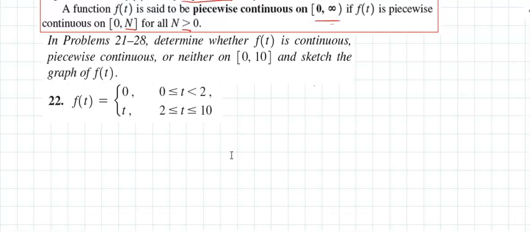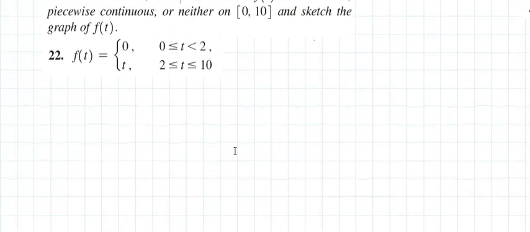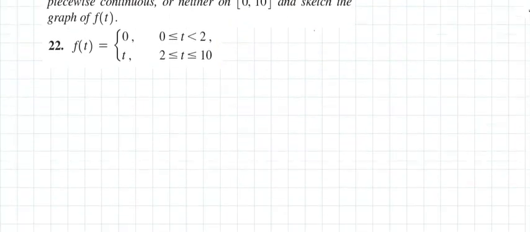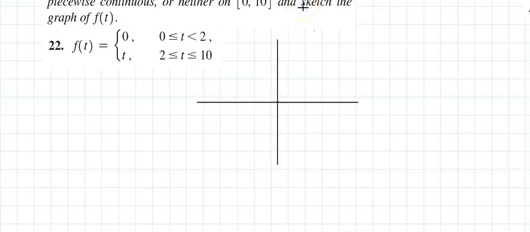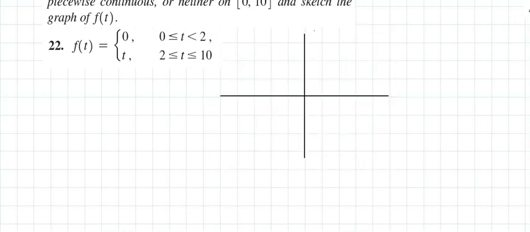Determine whether f of t is continuous, piecewise continuous, or neither. Sketch a graph. A rough sketch. Zero to 2.